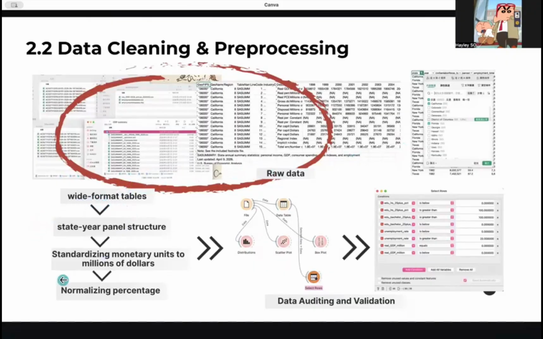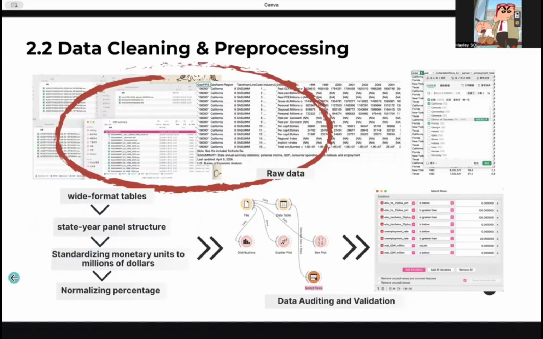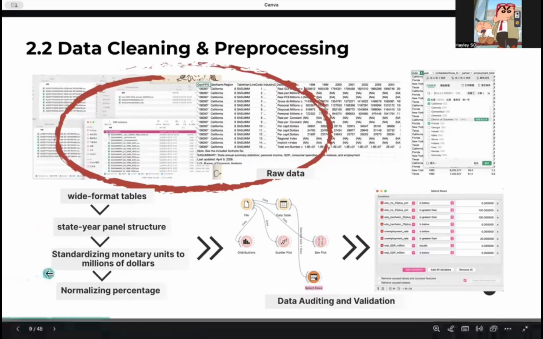We converted the raw data into the state year panel structure, standardized the unit into millions, merged the data sets, and finally checked the data quality through Orange Data Mining.